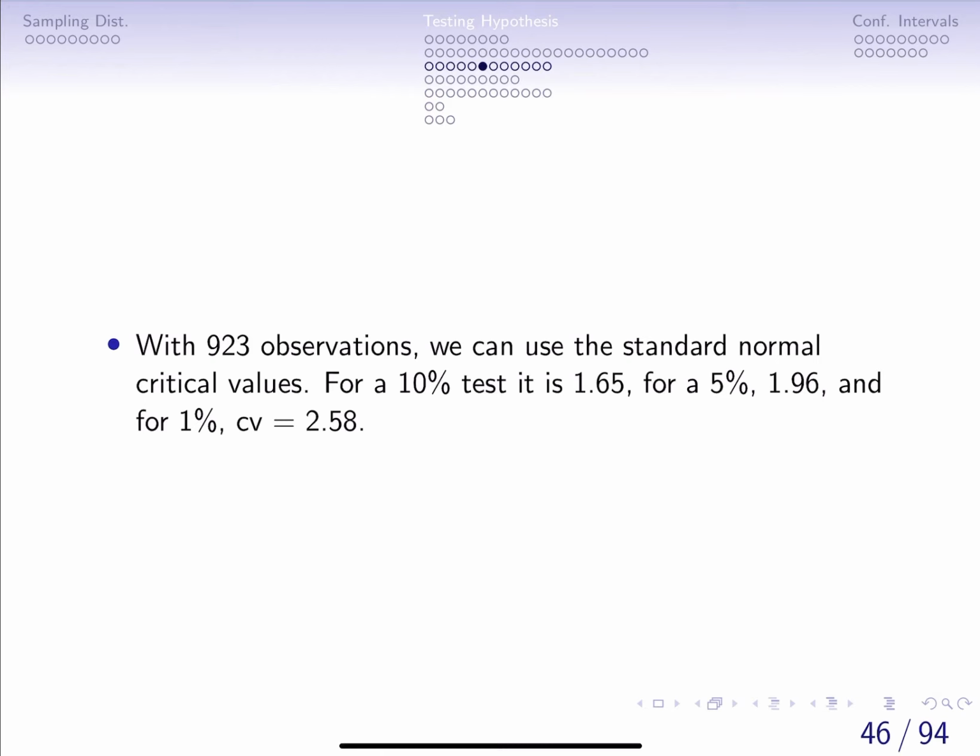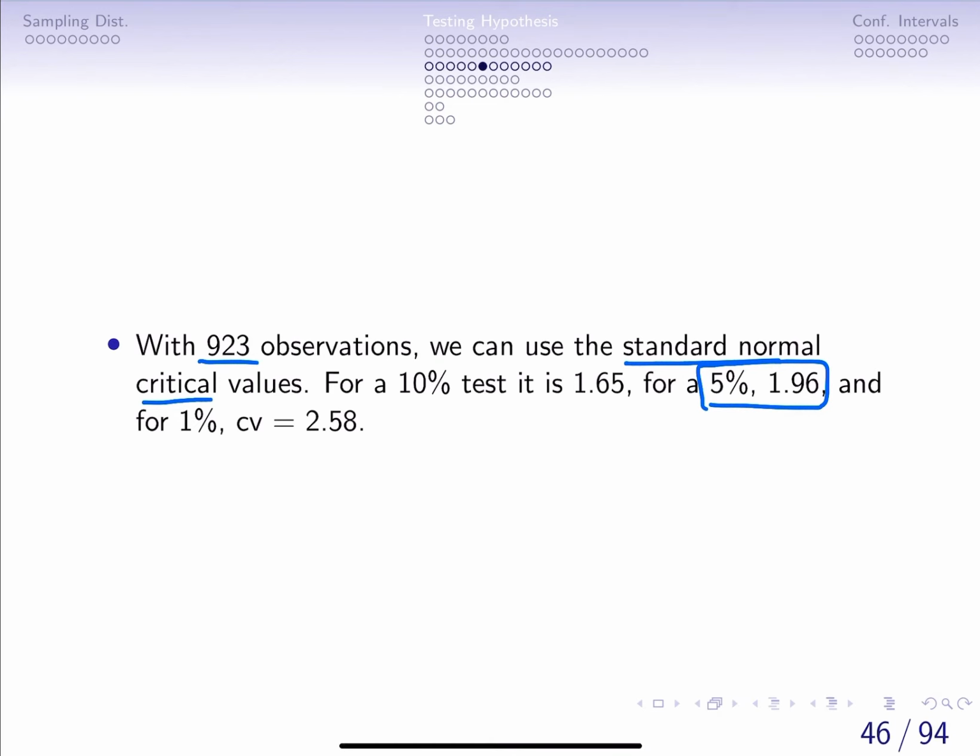You would notice that in your data set you have 923 observations, and because this n is large, you can use the standard normal critical values. Let's say we want to run a 5% test and the critical value is 1.96.